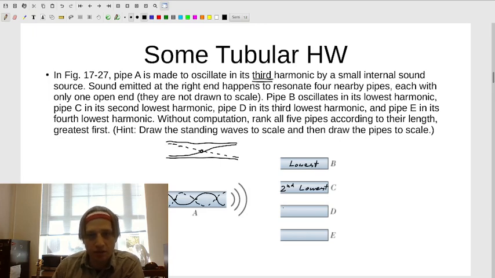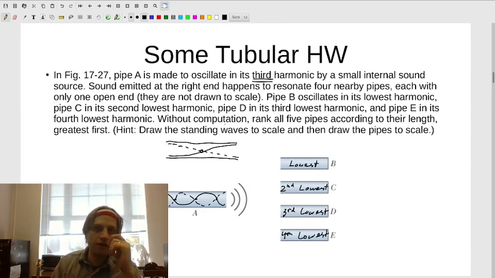Pipe D in its third lowest, and pipe E in its fourth lowest harmonic. Without computation, rank all 5 pipes according to their length, greatest first.